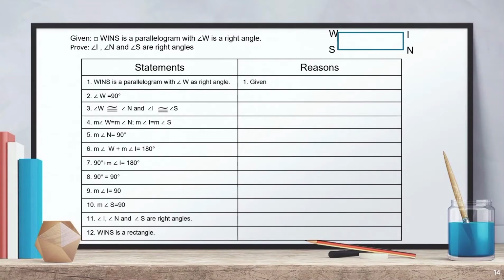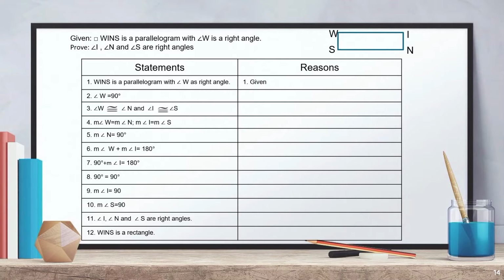Statement number 1. WINS is a parallelogram with angle W as right angle. Reason, given, because it is already stated in the problem that WINS is a parallelogram and angle W is a right angle. Okay, shall we proceed to statement number 2?